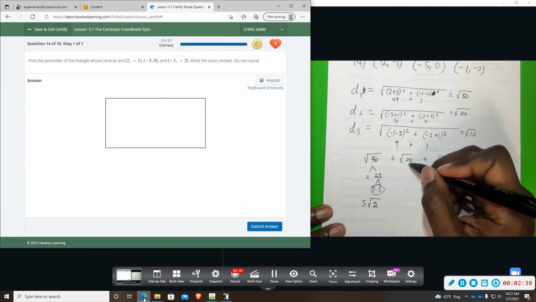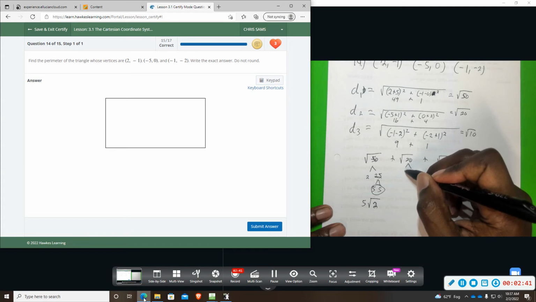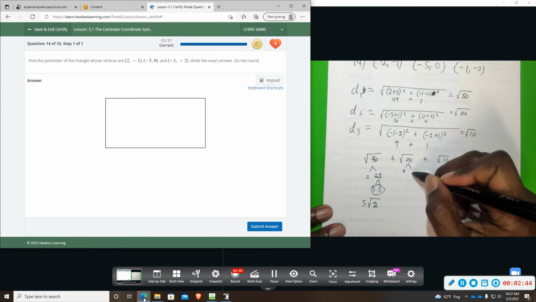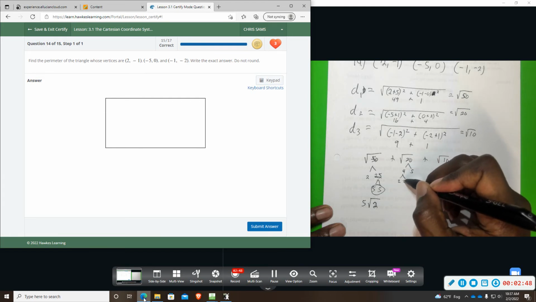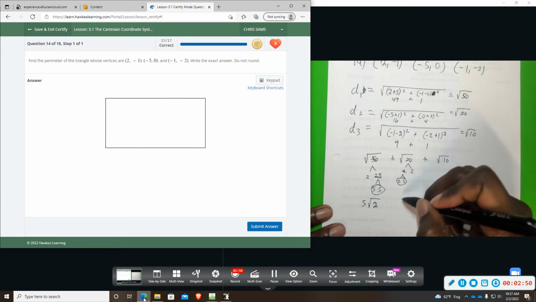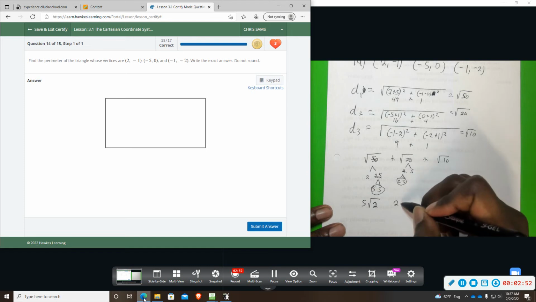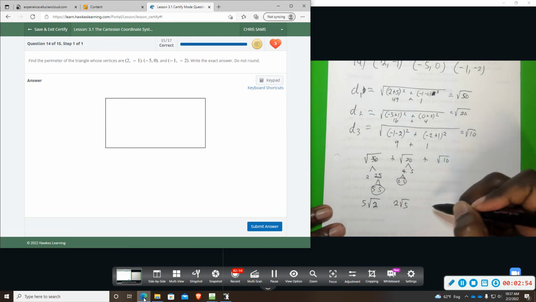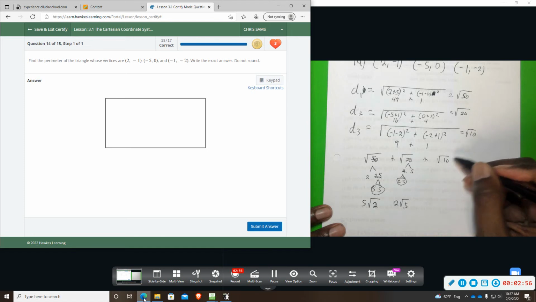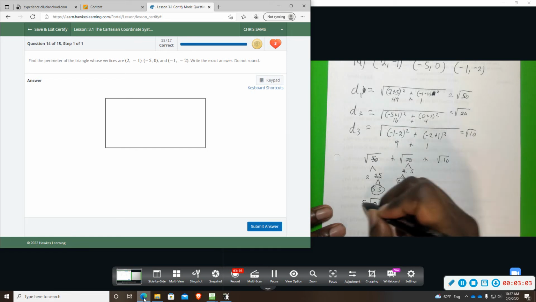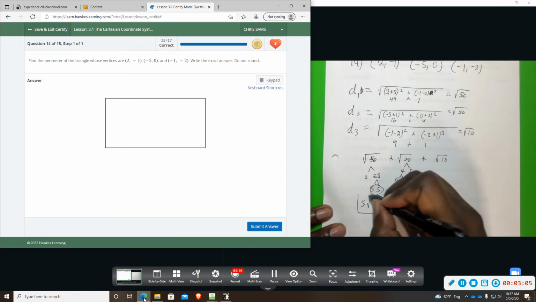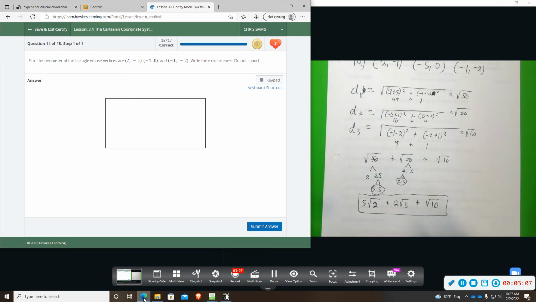And with this one, we can do this as 4 times 5. 4 can break down to 2 times 2. So we can break this one down to 2 square roots of 5. And then 10 is 2 times 5, it won't reduce, so we'll just leave it as the square root of 10. So here's what we get for our perimeter.